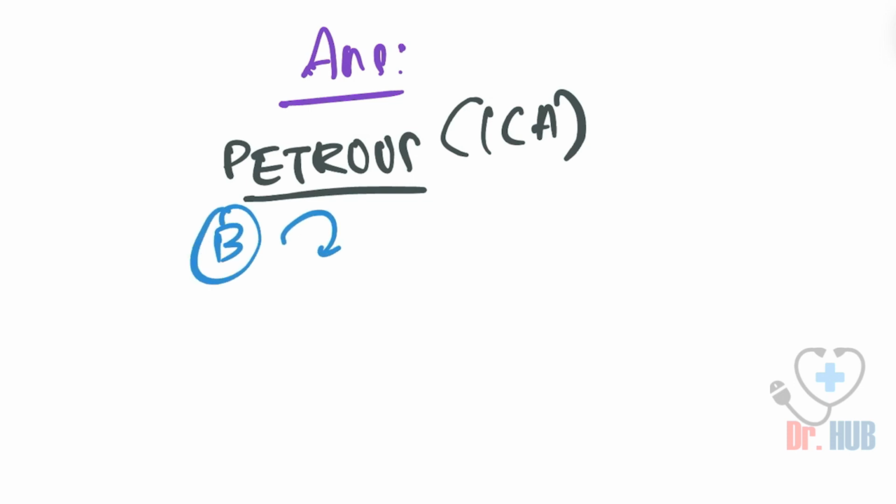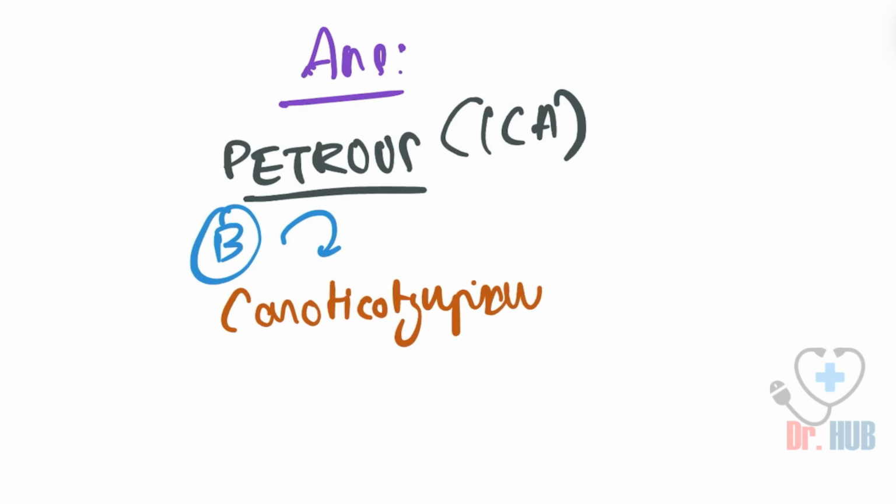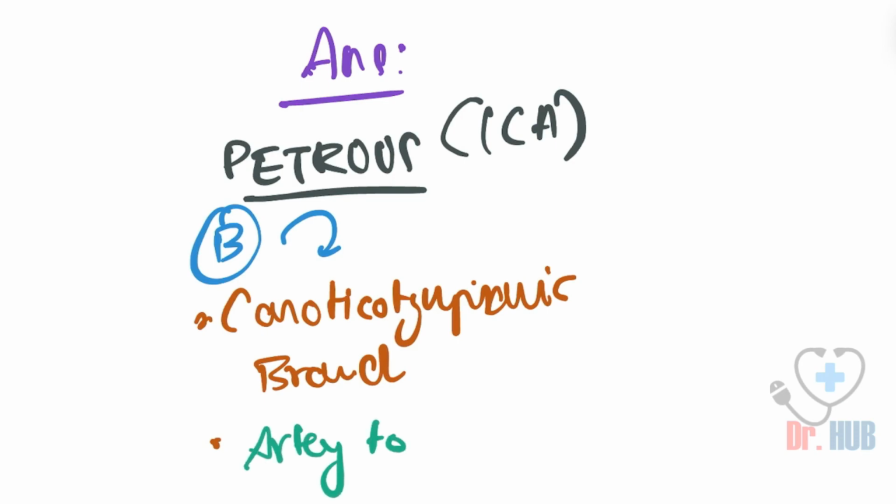Specifically, it includes the caroticotympanic branch. Next, there is also the artery to the pterygoid canal.